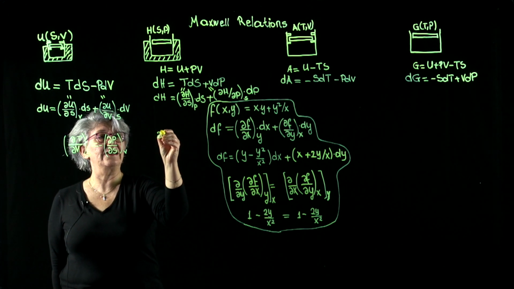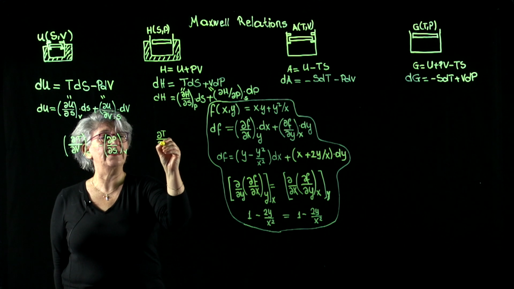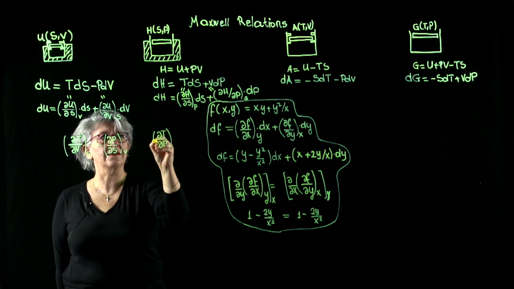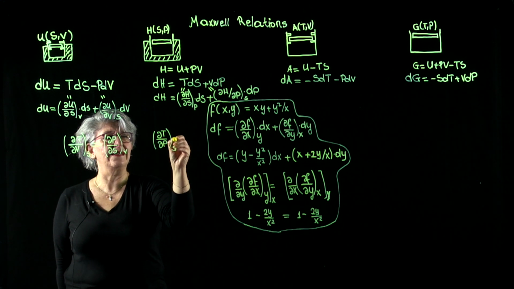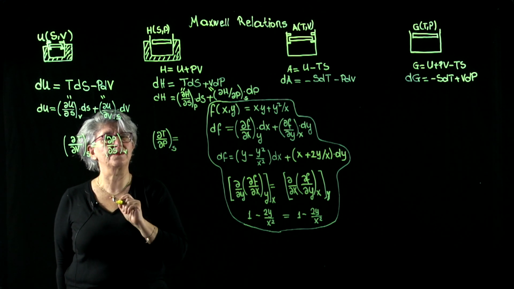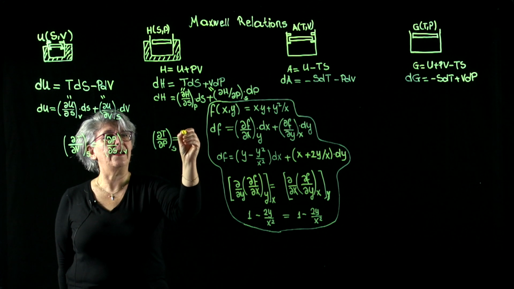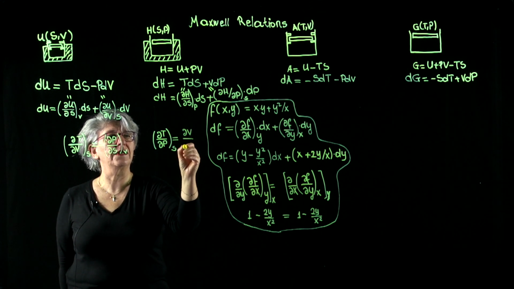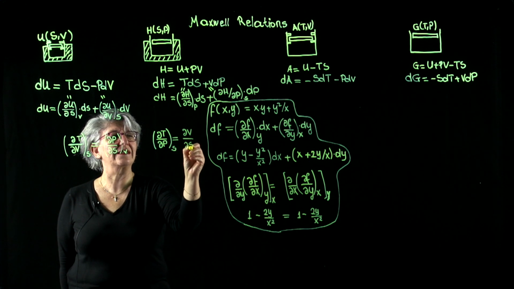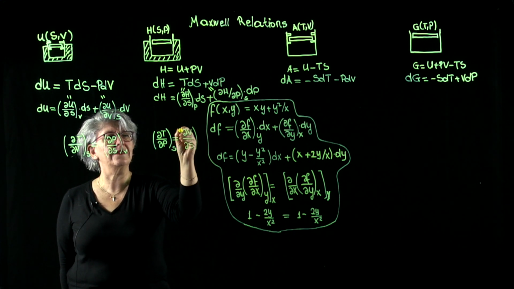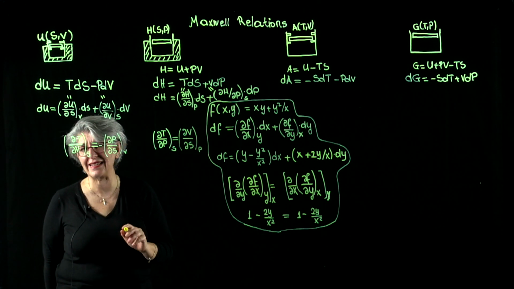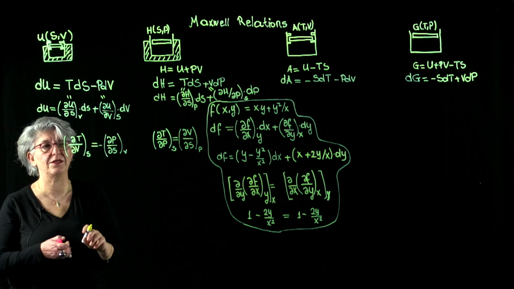Del T over del P at constant S is equal to del V over del S at constant P. Now this is my second Maxwell relationship.